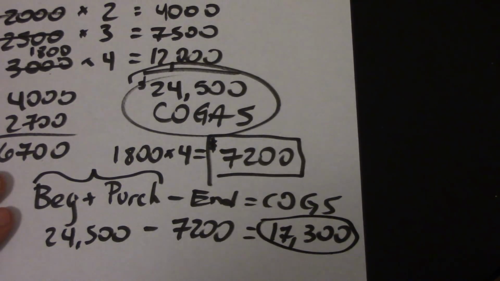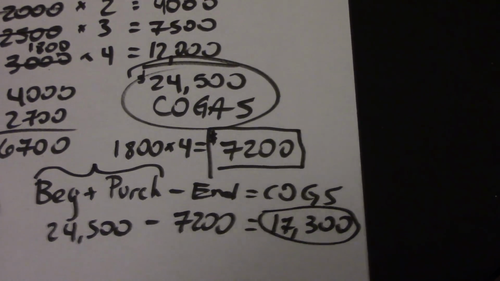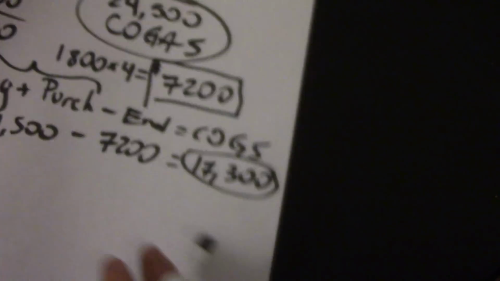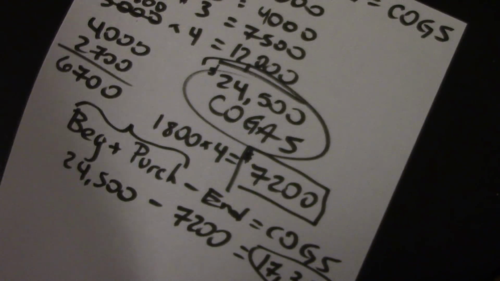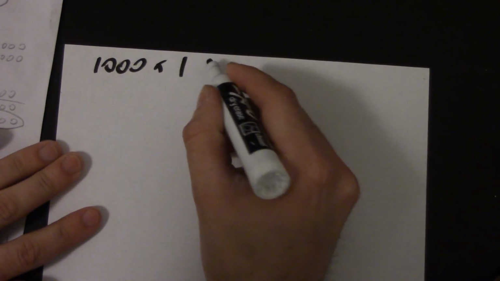So there's FIFO periodic. FIFO perpetual is fairly similar, but we're going to update our inventories perpetually. So every time we do something, we're going to update our inventory. We began with 1,000 units at $1.